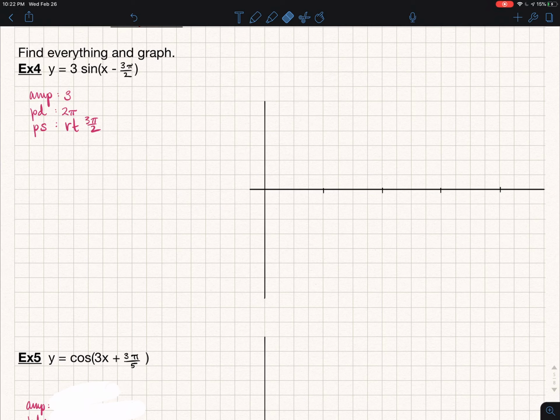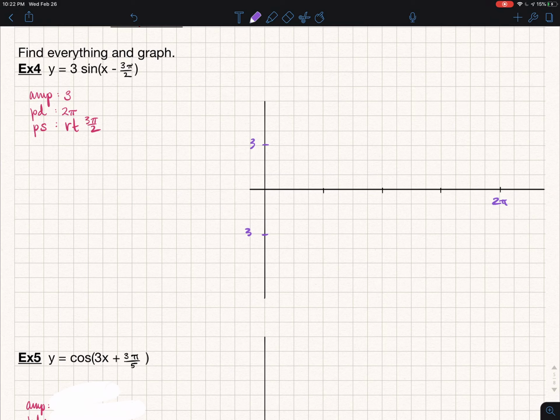Now to graph this, pay attention only to the pre-shift stuff. Don't pay attention to the phase shift right now. Only pay attention to amplitude and period. So we'll put 3 on our graph. My period's 2 pi, so go all the way to the end. Now before I do this, can you think ahead a little bit? Don't write this down, but if I put 2 pi here and then I have to shift my graph to the right, I'm going to run out of paper.